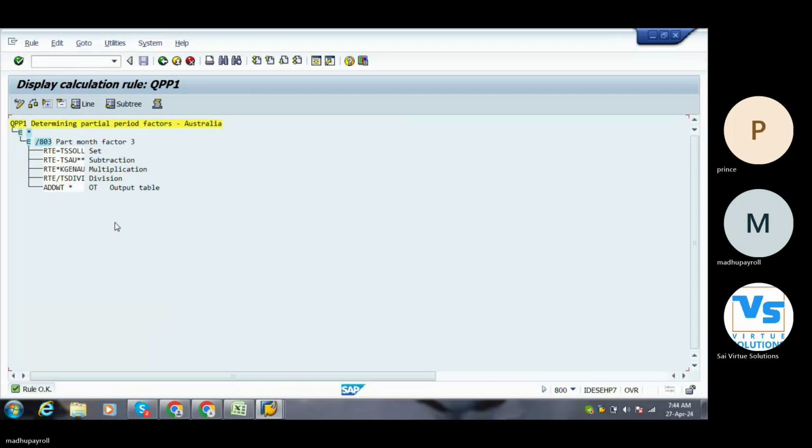Is there a tax calculation difference between expats and the local employees? Yes, definitely. That is the reason we have tax scales. Whenever you maintain 0188, there is a different tax rate for local and for expat.